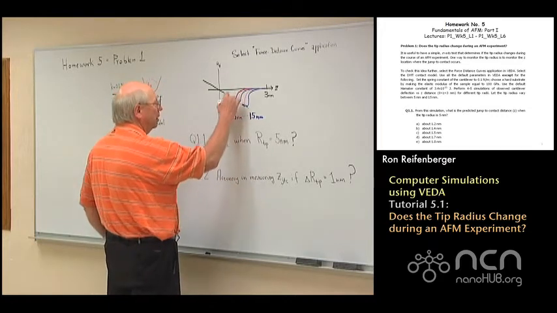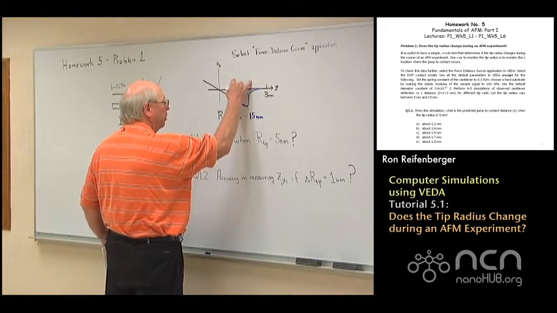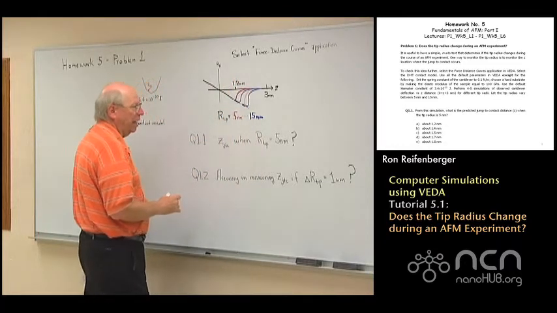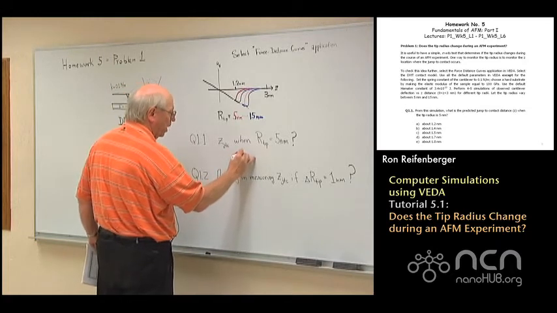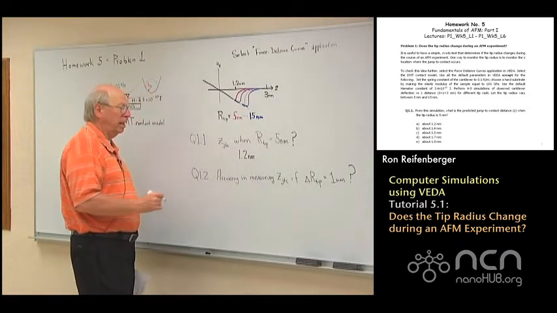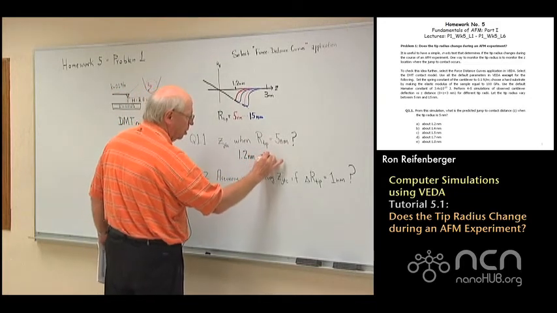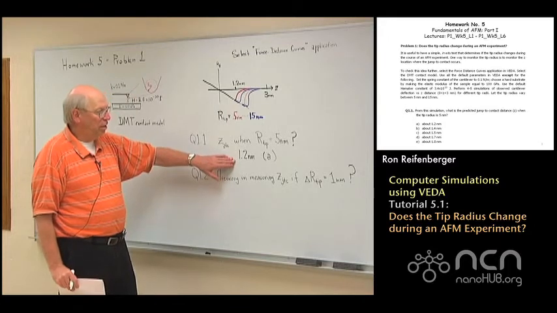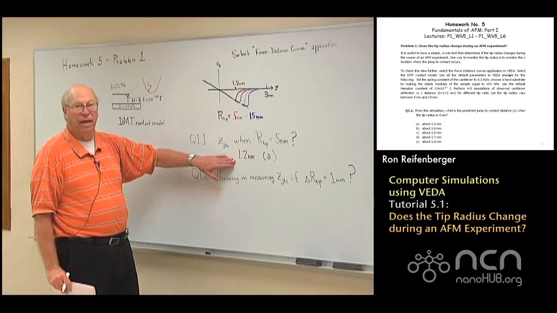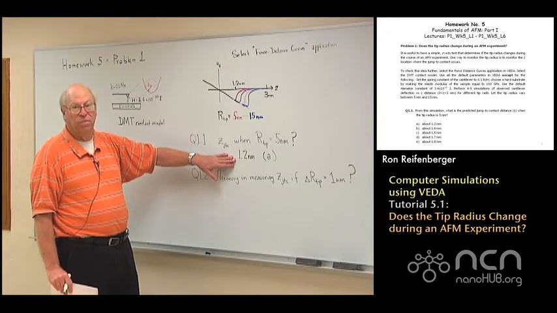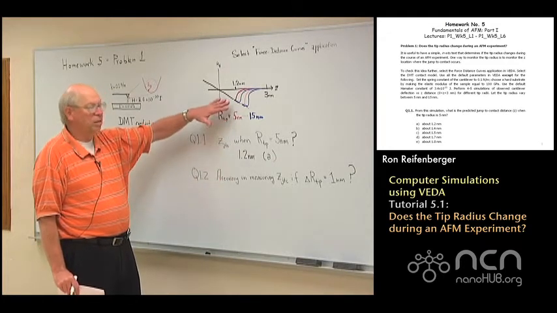You'll be able to read the value off from the graph, and the jump to contact is about 1.2 nanometers, right? And I believe of the 4 choices listed in the homework set, the correct choice is A.